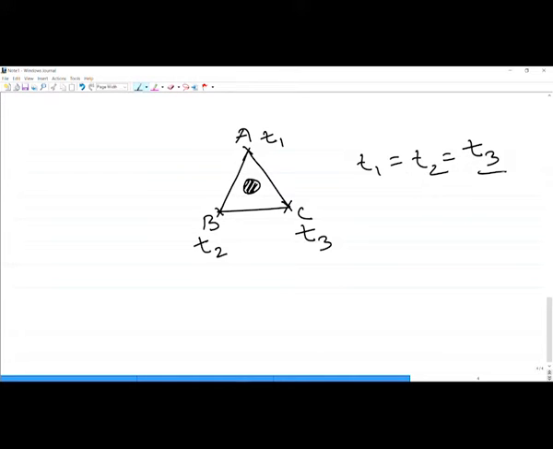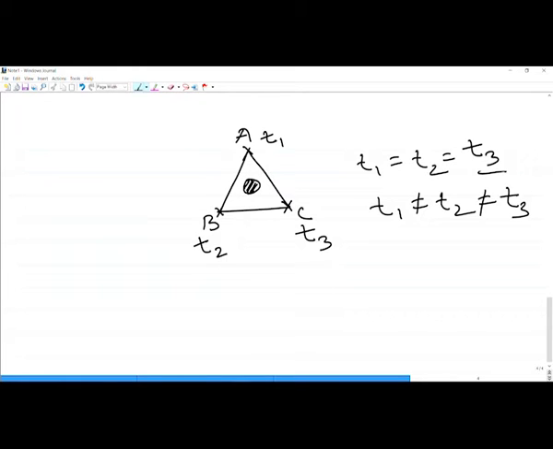Okay. On the other hand, if these times are not equal to each other, then you know that the source is not located at the center, and depending on whether sensor A, sensor B or sensor C is receiving the signal first, you can say that whether the source is located close to sensor A, close to sensor B or close to sensor C. Okay.